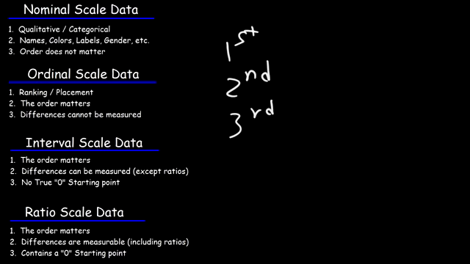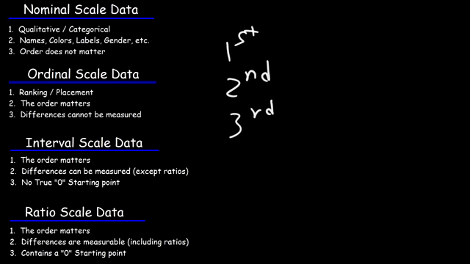In this case, this would be an ordinal scale data because the order matters. However, the differences cannot be measured. The difference between first and second place is not the same as the difference between second and third place. Now, if you're looking at numbers, 2 minus 1 is 1, 3 minus 2 is 1. But that's not the way in which we should really look at it.